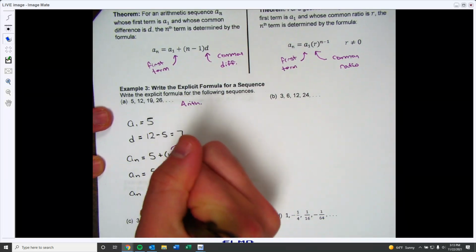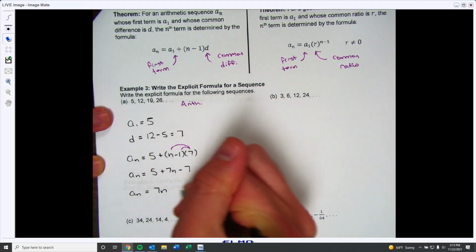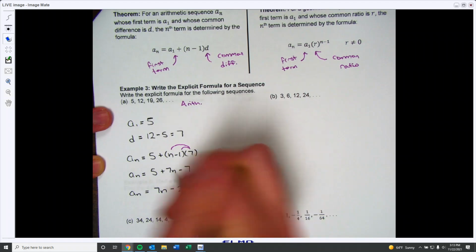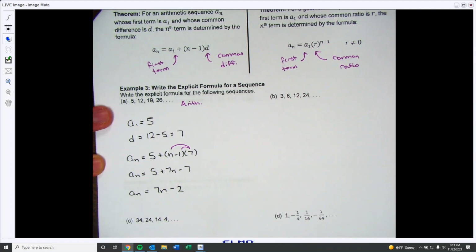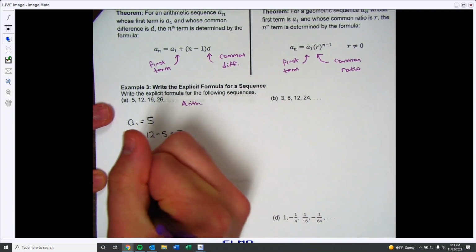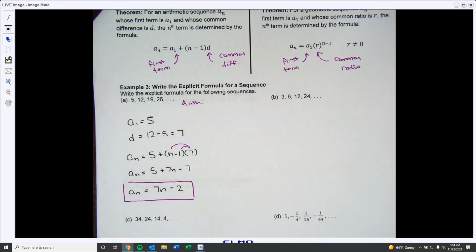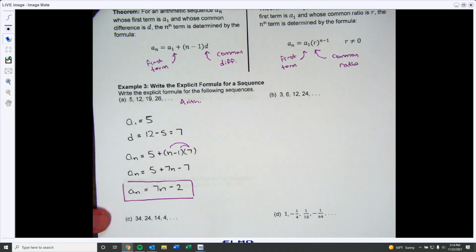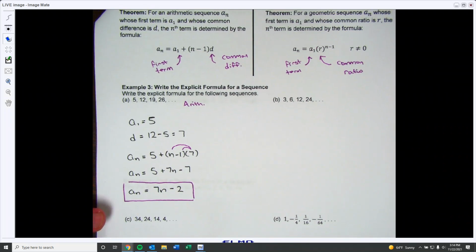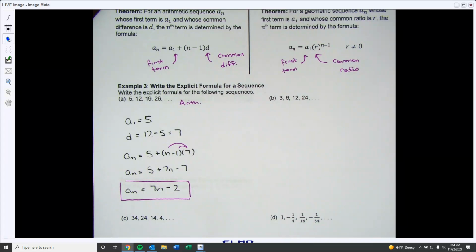Combining like terms, I have AN equals 7n minus 2. And that is the formula for my sequence. And if you want to double check yourself, you can always plug in N equals 1. If I do that, I have 7 times 1 is 7, minus 2 is 5. That's what I ended up with. All right, that's all you've got to do.